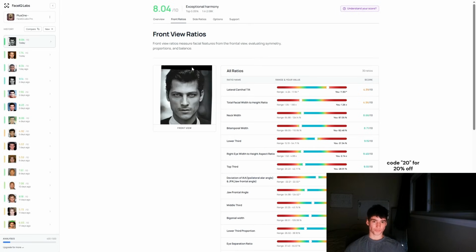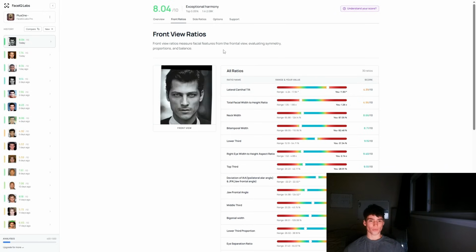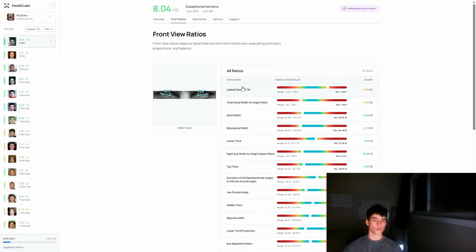Let's get started. So Atesh Salih, he's a model, he's an actor, and for his lateral canthal tilt, you guys can see that he did score a little on the lower side, and it's not what you would think, right? Usually when we look at, Hexam, for example, his canthal tilt is neutral to negative, right?